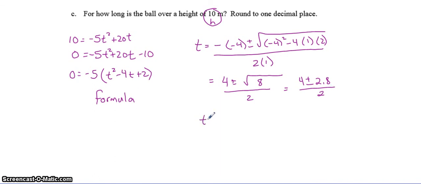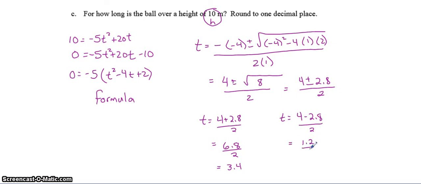So one value of t is found using the positive. And that works out to 6.8 over 2, which is 3.4. The other is found using the negative, 4 minus 2.8 over 2.